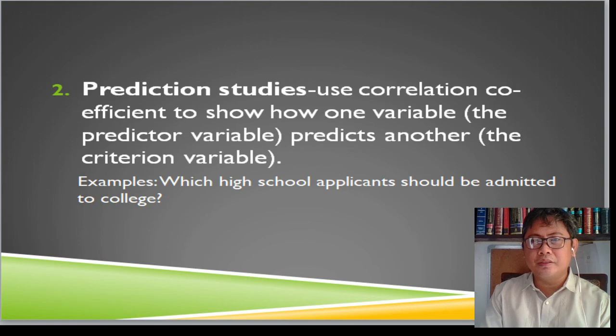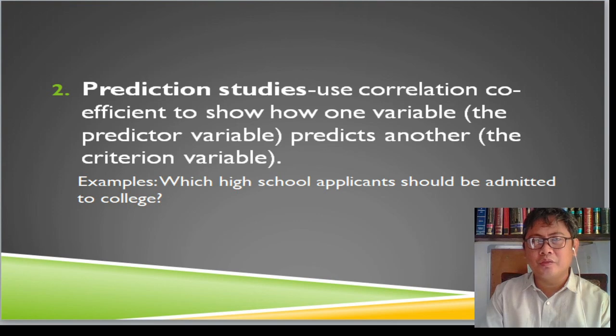The second one is the prediction studies. Use correlation coefficient to show how one variable, the predictor variable, predicts another, the criterion variable. So in our example, which high school applicants should be admitted to college. The qualification of the high school applicants will be the predictor variable, and those who are qualified to be admitted to college, this is the criterion variable. One example for this is the qualification of the high school graduates, which is their general weighted average.